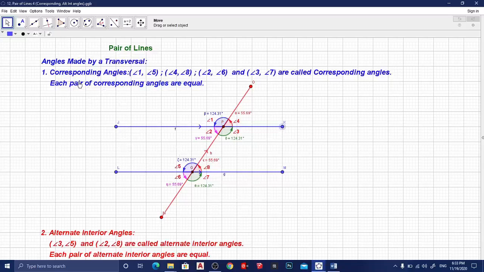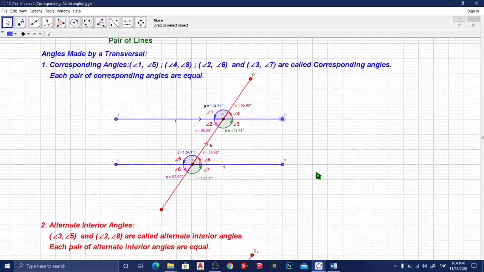So now the angles made by a transversal, first one is the corresponding angles. Okay, corresponding angles. Corresponding means the angles which are formed by this transversal at two parallel lines at the same places. Observe here, this transversal is forming an angle 1 and also it is forming angle 5.